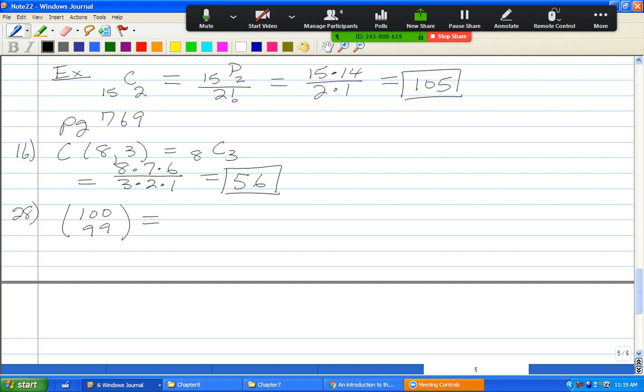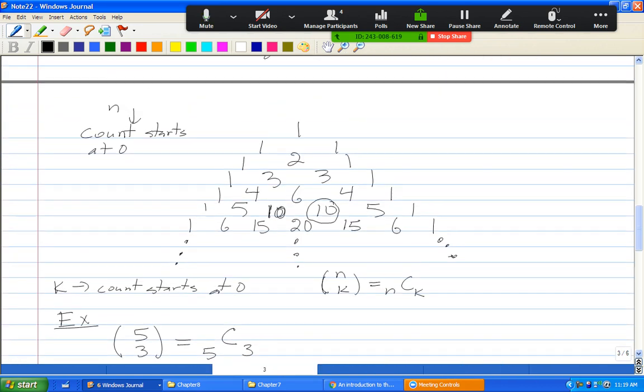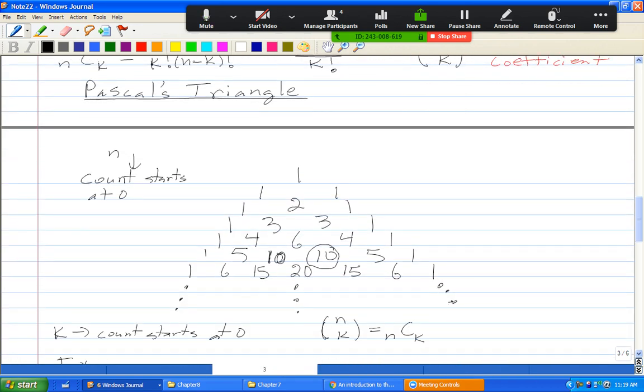It turns out that Pascal's triangle is symmetric, and we'll have to show that in a second. If you look at Pascal's triangle, notice that the numbers on this side are the same as the numbers on this side.